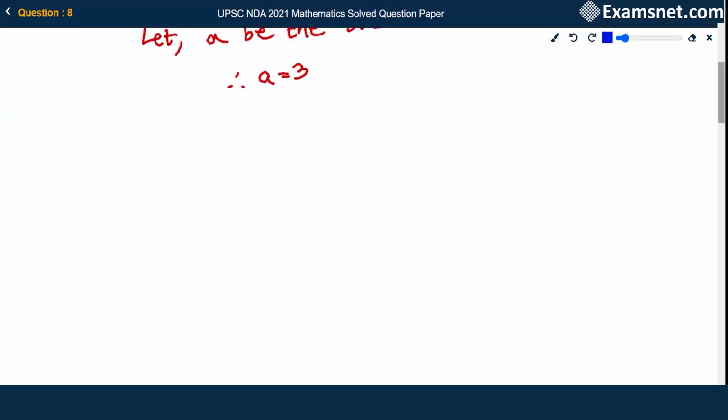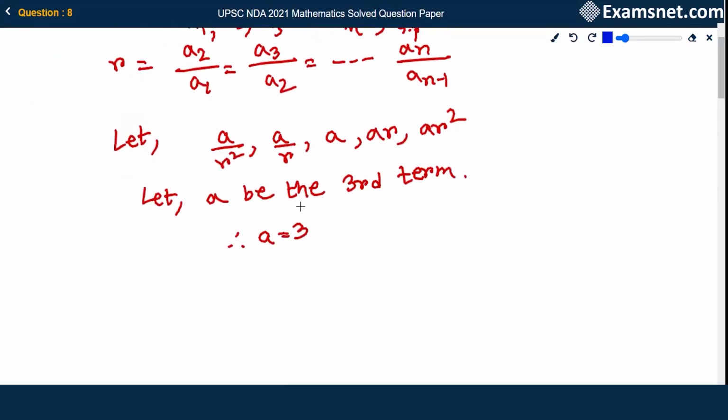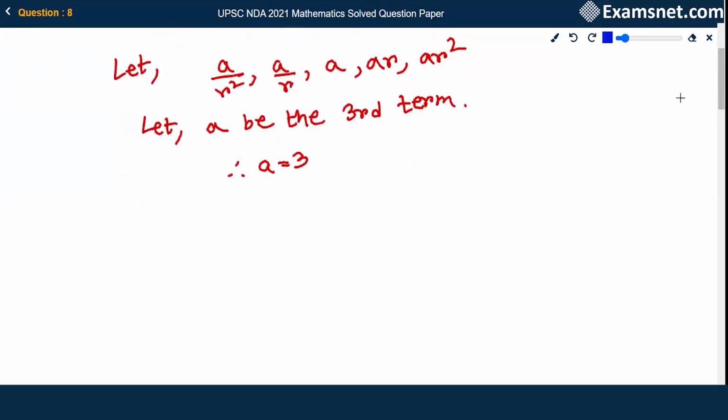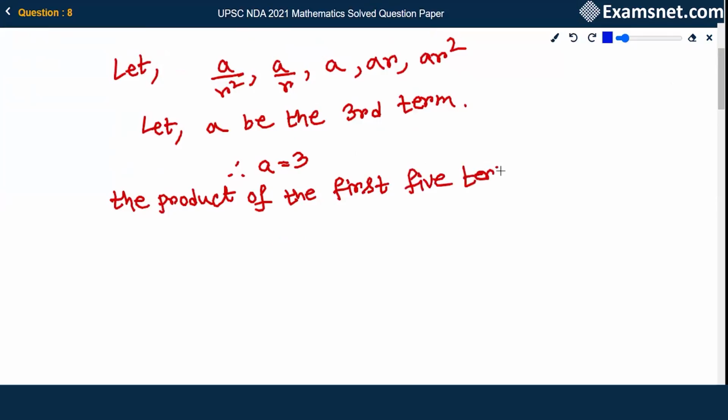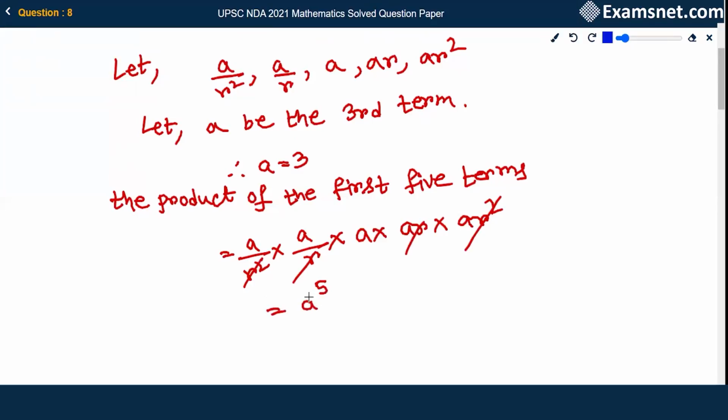Now, if we try to find the product of the first 5 terms, the product of A by R square, A by R, A, AR and AR square, we will see the value will be A to the power 5.